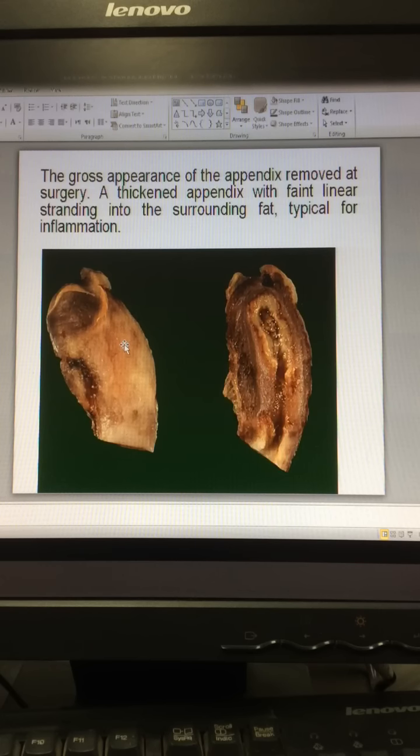You know that the appendix is covered by serosa, which should appear translucent or glistening normally on gross examination, but due to the inflammation and accumulation of fibrin and exudate, the appearance turned into an opaque gray-white surface. The lining mucosa here is inflamed with pus replacing the mucosal lining and these areas of ulceration.